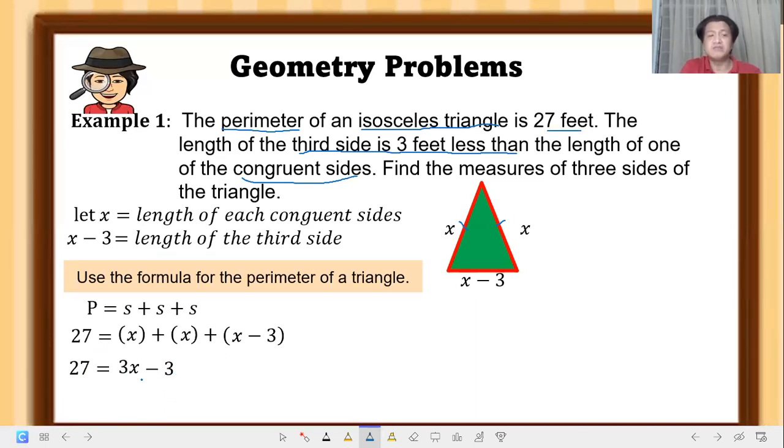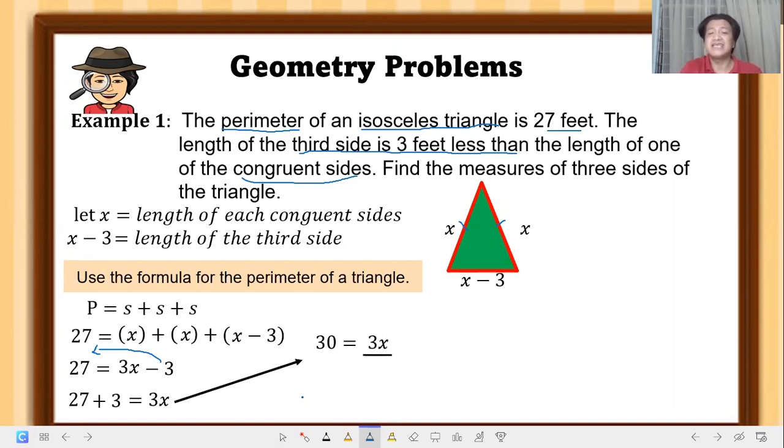Then you can now transpose. Pag nilipat natin to sa left side, yung negative 3, magiging positive na siya or plus. Kaya 27 plus 3 at natira doon sa right side is 3x na lang. What is 27 plus 3? Okay? 30 na siya. Copy natin yung 3x. Therefore, you can now divide both sides of the equation by 3 para ma-remove yung coefficient.